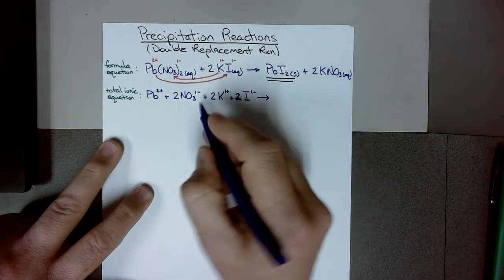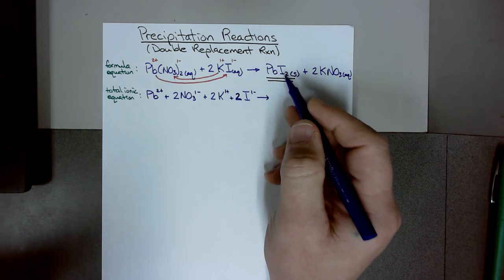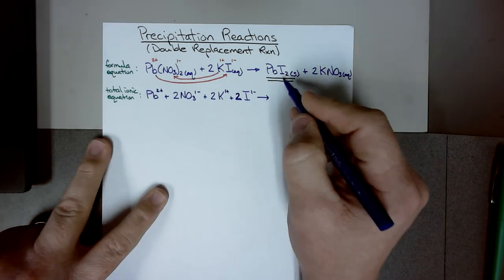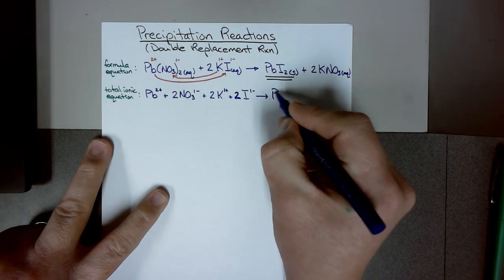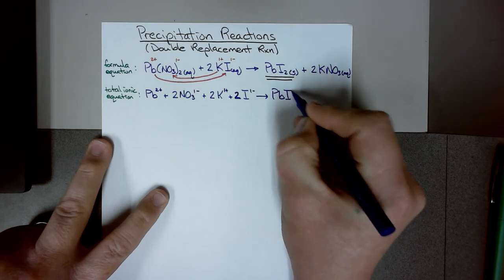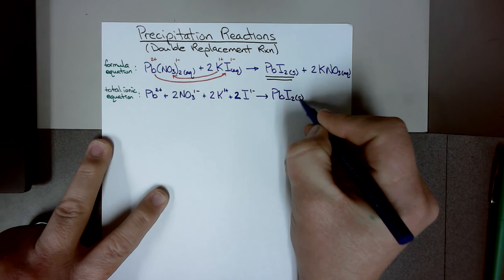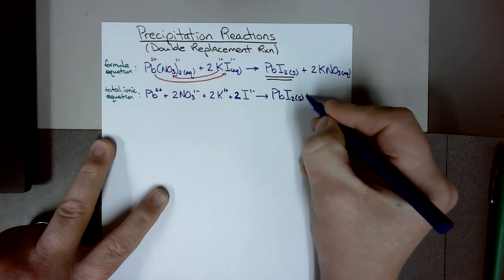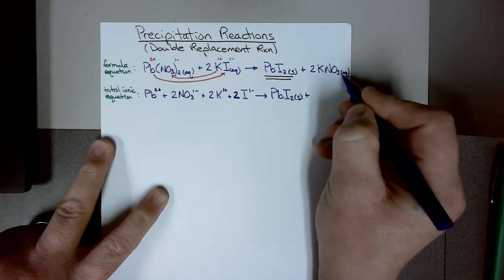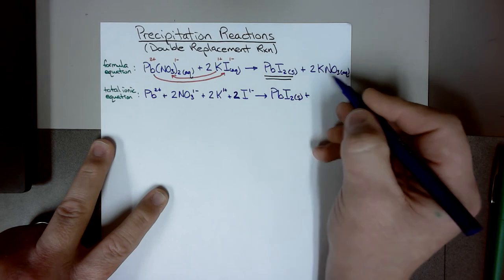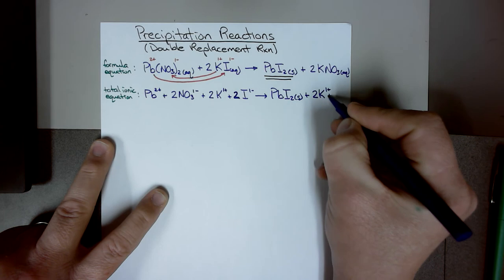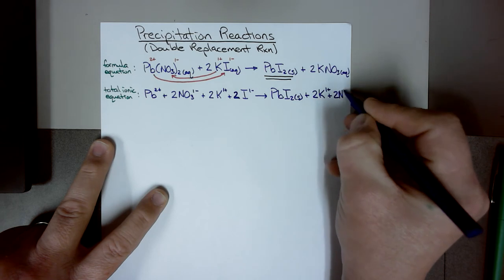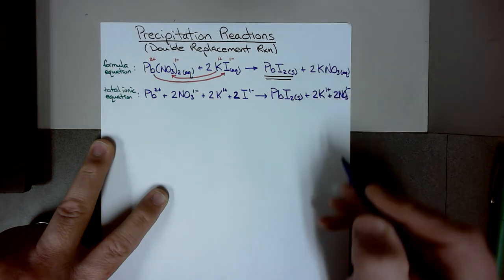Now over on this side, the product, this forms a solid, and solids are not dissociated, so we rewrite that as is because it is a solid. And then over here this is aqueous, so it dissociates, so we have 2 moles of K1 plus and 2 moles of NO3 1 minus.